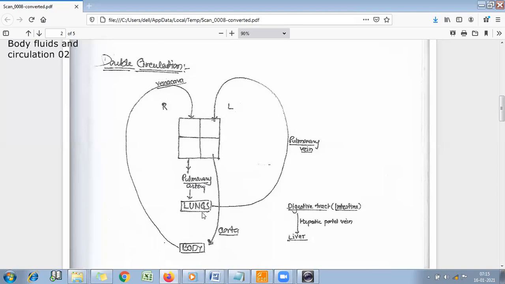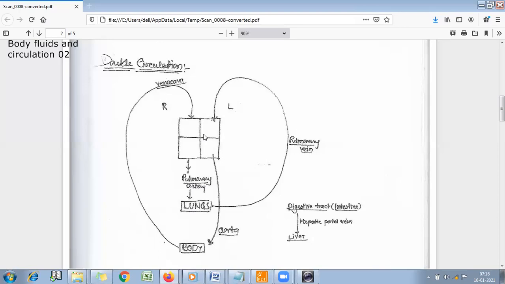Now, as we have studied in respiration, the blood will be oxygenated in the alveoli of the lung. Now the oxygenated blood will be transported into the left atrium through the pulmonary vein. This is a vein just because the blood vessel starts from a body organ, either the lung or any other body part, to the heart.